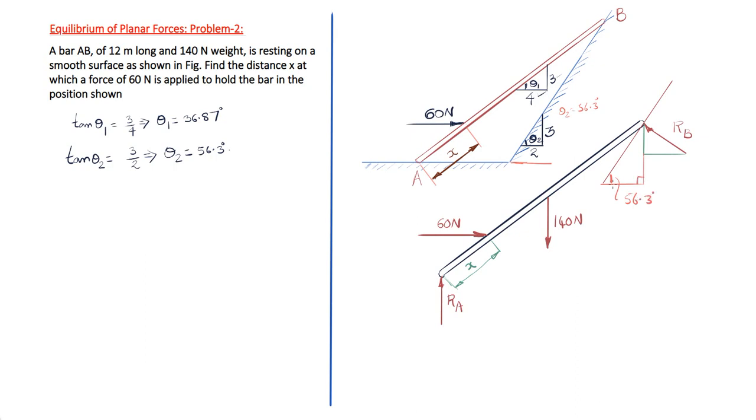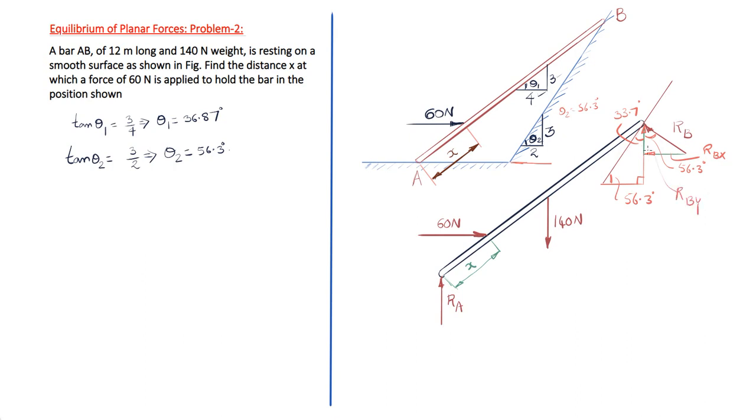We know this is 90, and because one is horizontal and the other is vertical, the total angle should be 180 degrees. So this angle here will be 33.7 degrees, and accordingly this total angle here is 90 degrees, so the remaining angle will be 56.3 degrees. Now RB has two components. One is this horizontal component, which we write as RBX, and this vertical component as RBY.